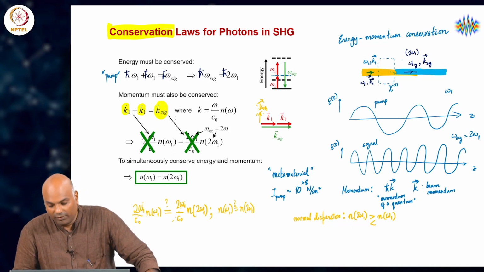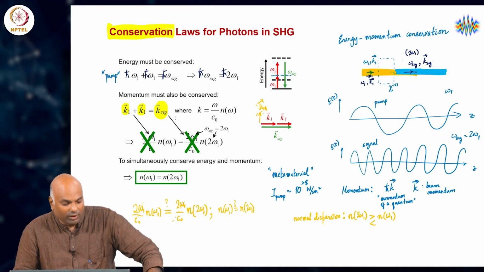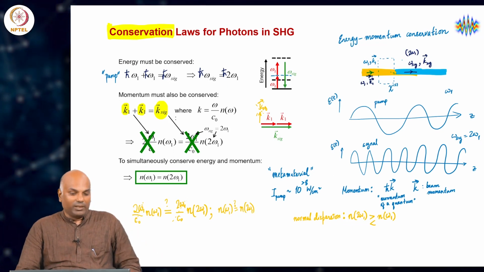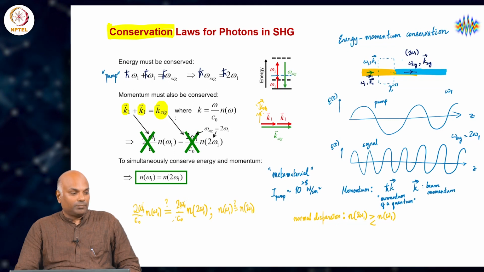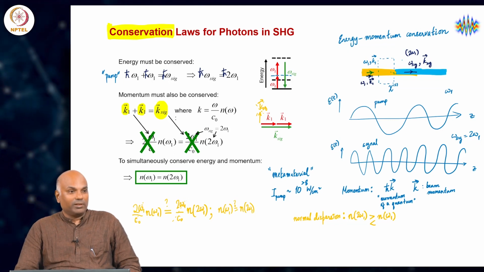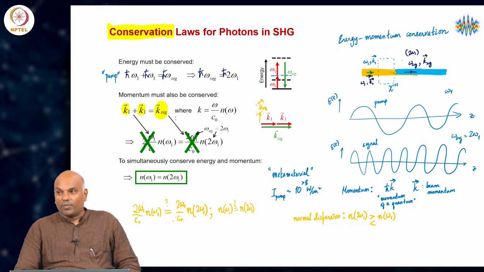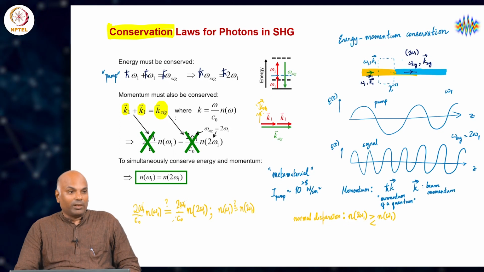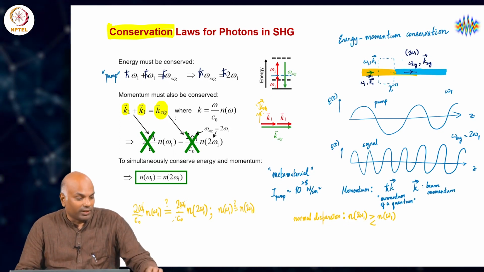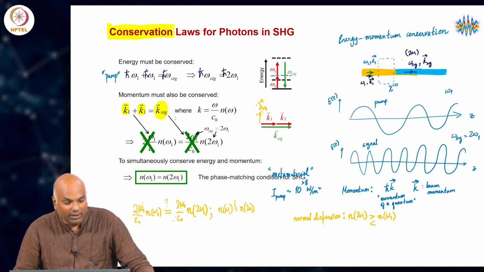If I just steadfastly followed all the arguments so far, I would end up at this juncture, on this slide, with a terrible disappointment that we have no hope of generating the second harmonic, unless we do something quite clever, which is kind of what Franken and co-workers first did.